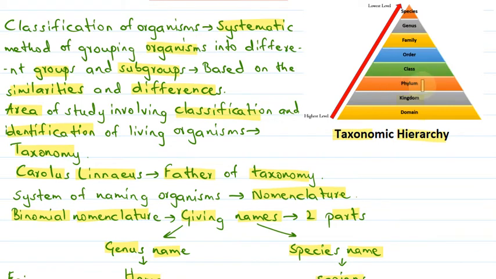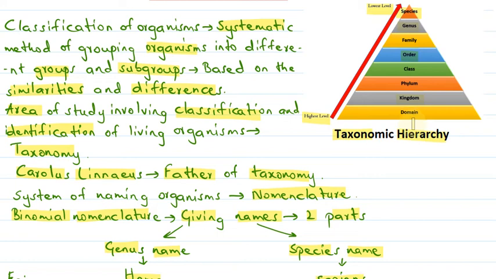Phylum includes all the related classes. Then class includes all the related orders. Then order includes all the related families. Family includes related genus, genus includes all the related species, and in species, individual organisms having similar characters are included. So domain is the highest level of classification, whereas species is the lowest level of classification.